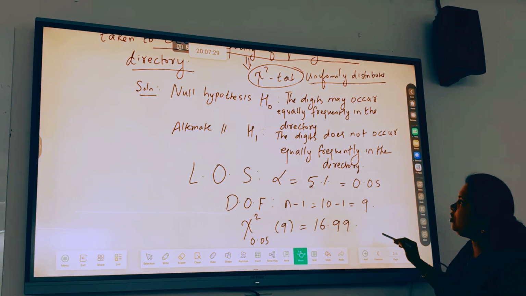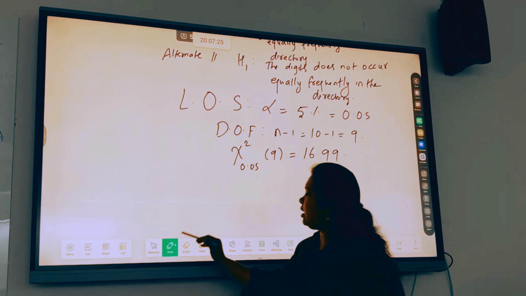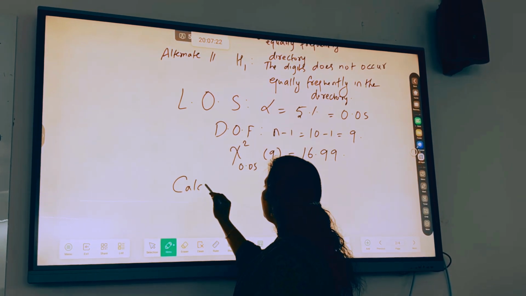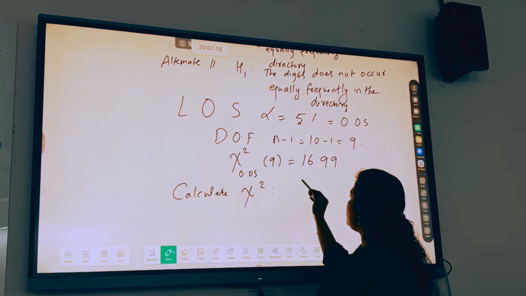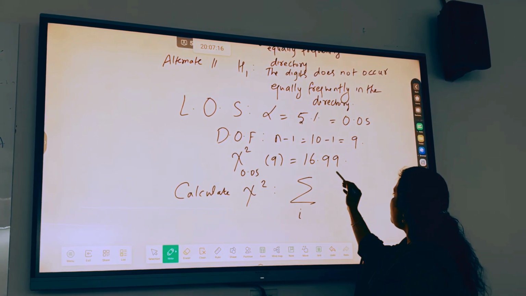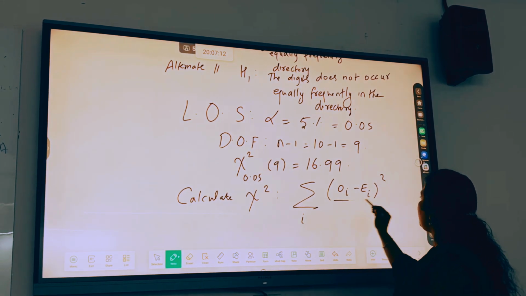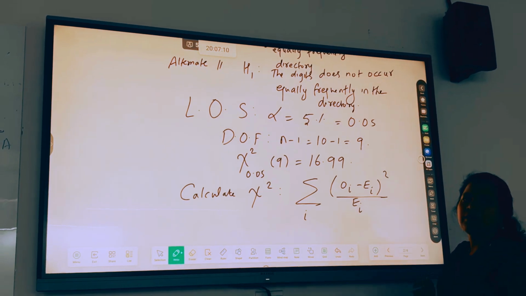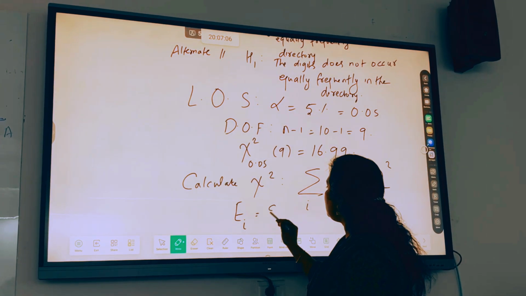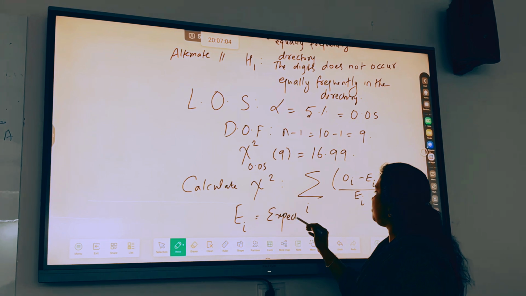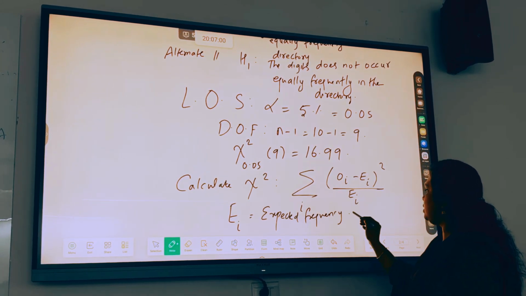Now after knowing this, we have to calculate chi-square. The formula is the summation over I of OI minus EI, the whole squared, by EI. What is EI? EI is the expected frequency.